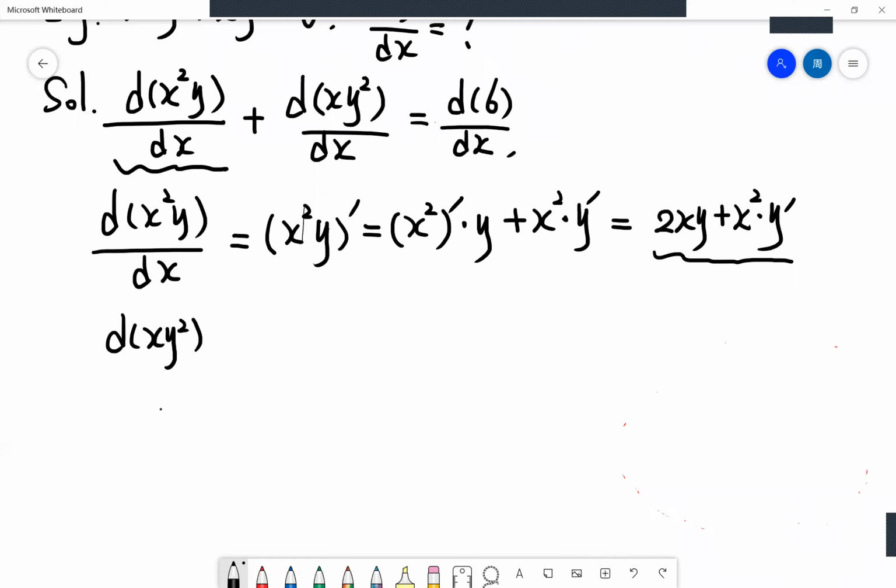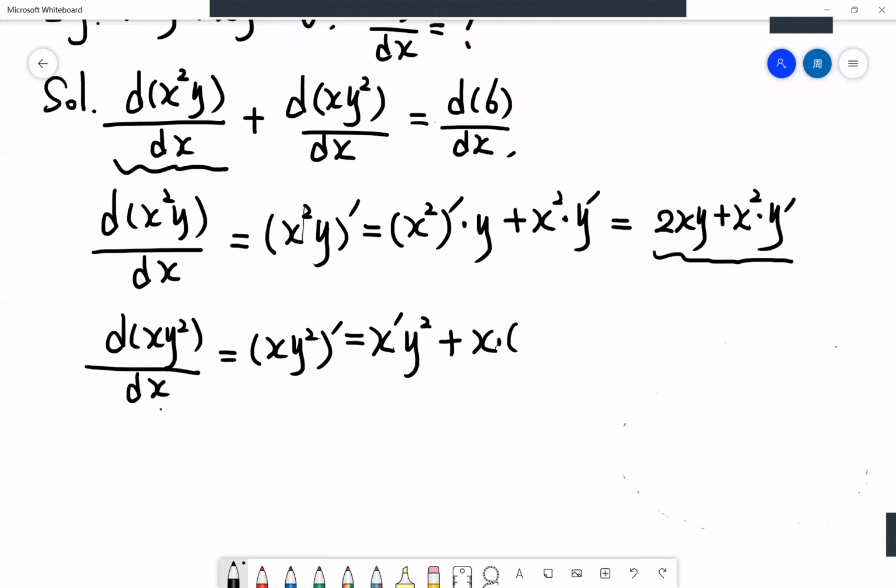And the second part, d of x y squared by dx, equals (x y squared) prime. We also use the product rule: x prime times y squared, plus x times (y squared) prime.